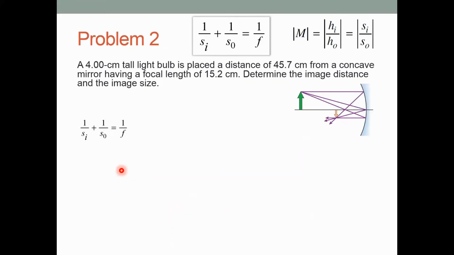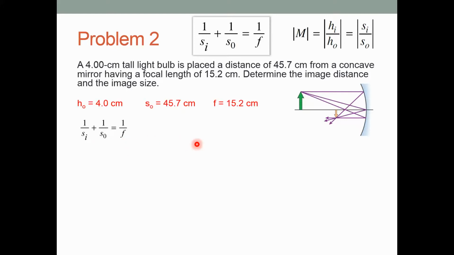So let's do an example to end this. A 4 centimeter tall light bulb is placed a distance 45.7 centimeters from a concave mirror having a focal length of 15.2 centimeters. Determine the image distance and the image size. To find the image distance, we're going to use the mirror equation.